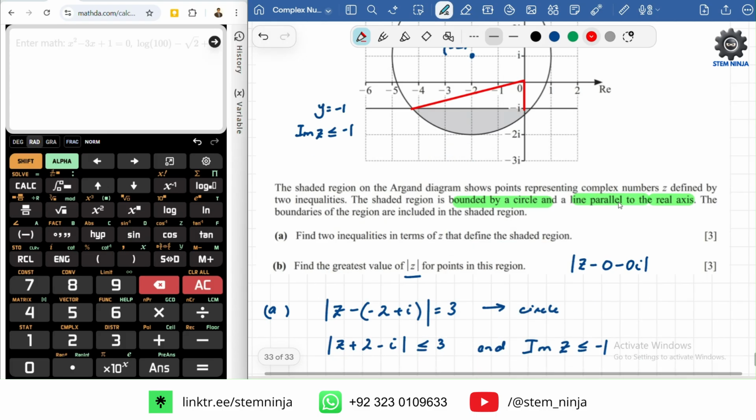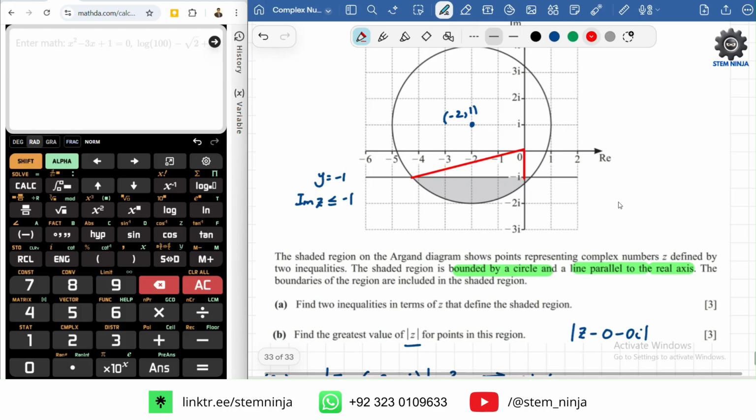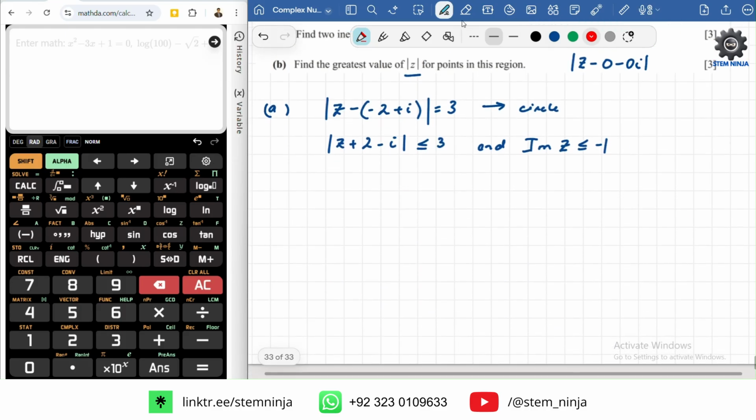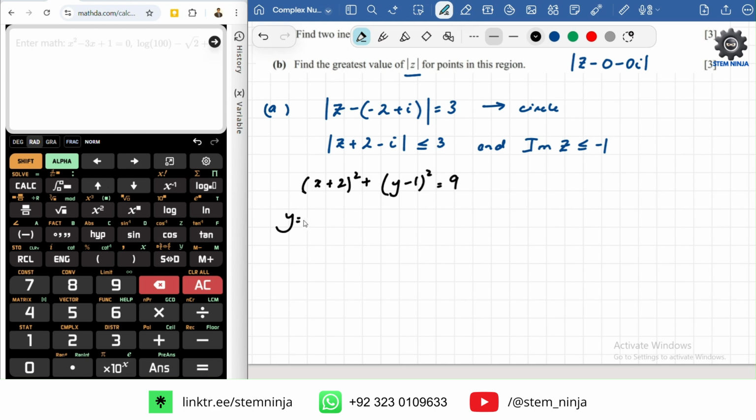Okay. Now we just need to figure out the values where the circle crosses y equals minus 1, right? So we know the circle equation. That is x plus 2 whole squared plus y minus 1 whole squared is equal to 9, and we need to find out where y is minus 1. So x plus 2 whole squared plus minus 1 minus 1, that is minus 2 whole squared, that is just 4, equals 9.